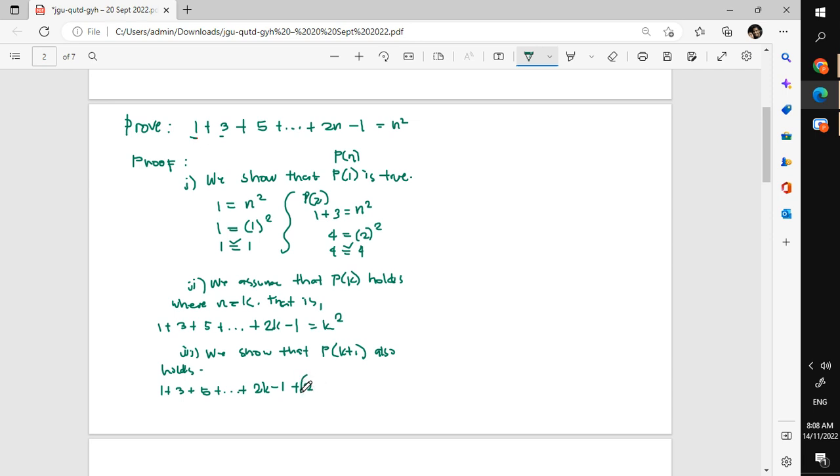Copy 2, k will be changed into k plus 1, and then we have copied negative 1. Now, on the right side, k will be replaced also by k plus 1. So we have k plus 1 squared.